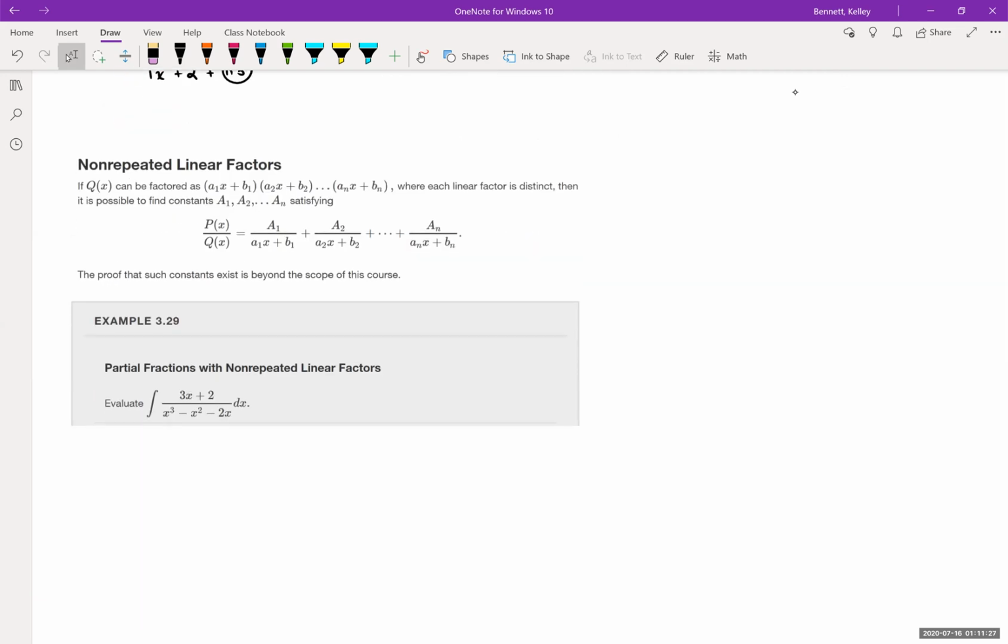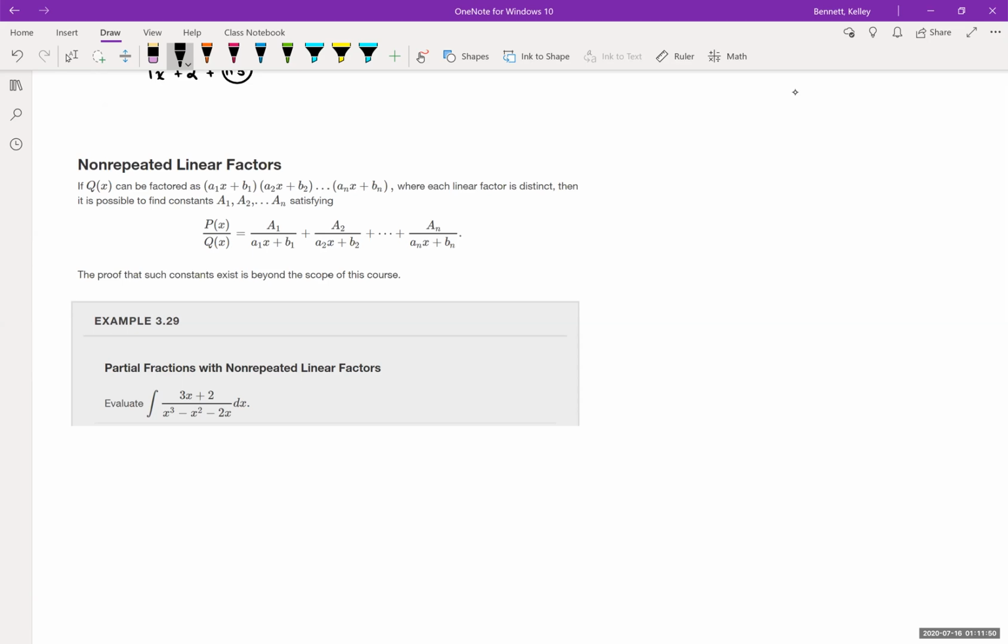When we break down a rational polynomial, if we have a bunch of non-repeated linear terms, then this breaks down to the sum of those factors, and that sum is going to have a constant on each one.